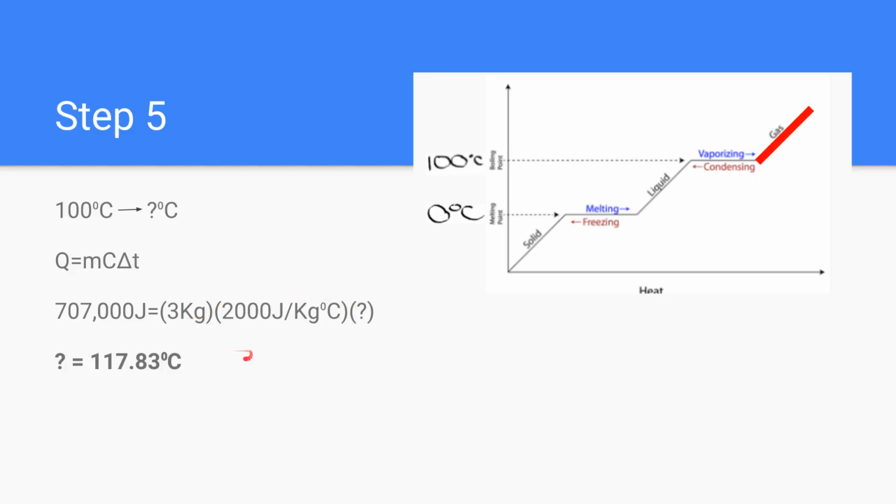And this question mark here represents the final temperature of the steam, which is 117 degrees Celsius. But if you recall, that is the amount of temperature change. So you would take this and add it to your 100 degrees Celsius.